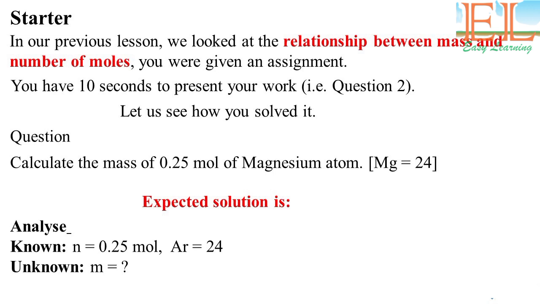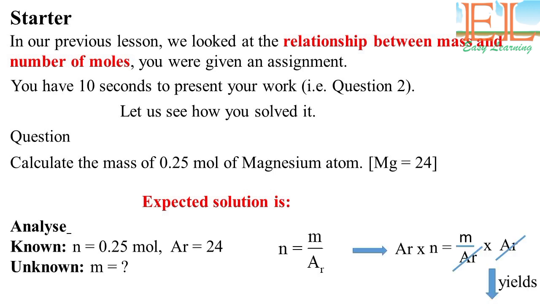But by definition, lowercase n is equal to lowercase m divided by Ar, which is the relative atomic mass. So if we want to make lowercase m the subject of the formula, then we will have to multiply both sides of the equation by the denominator of the equation.